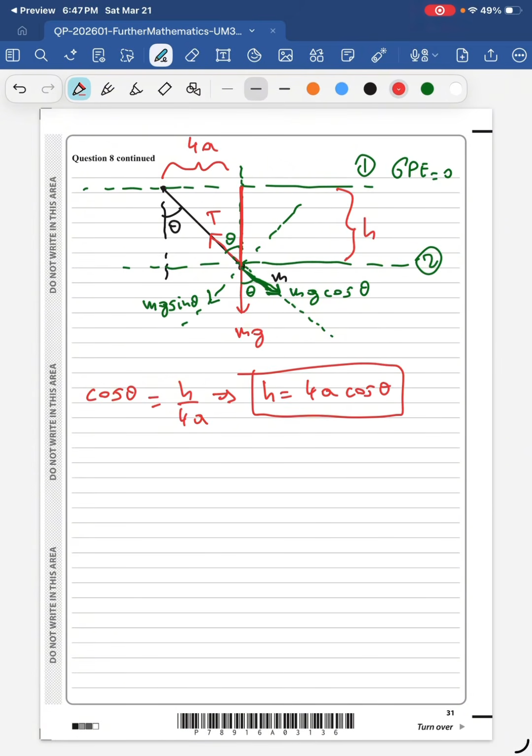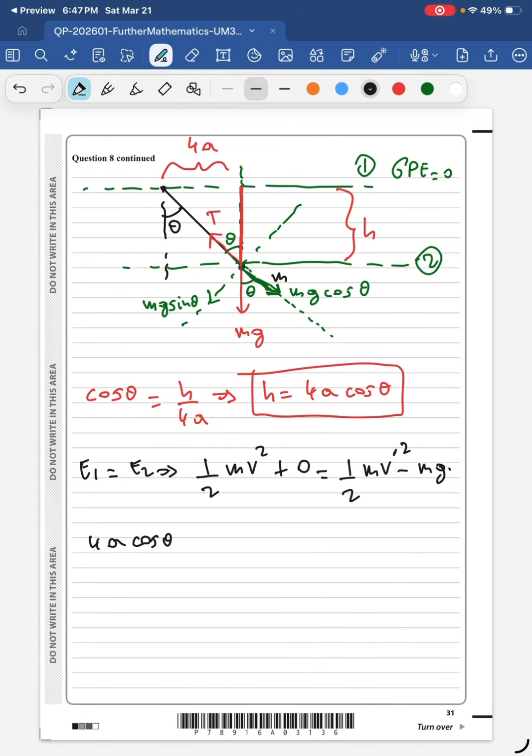Then we can use the principle of conservation of energy. So E1 is equal to E2. At E1 we have 1/2 mv squared plus 0 potential energy, equals 1/2 mv prime squared minus, like before, mg times h, which is 4a cosine theta.